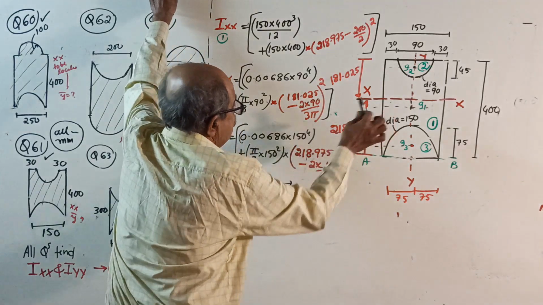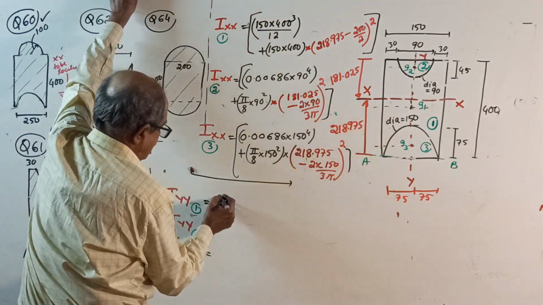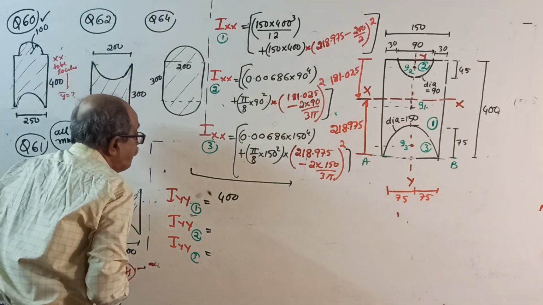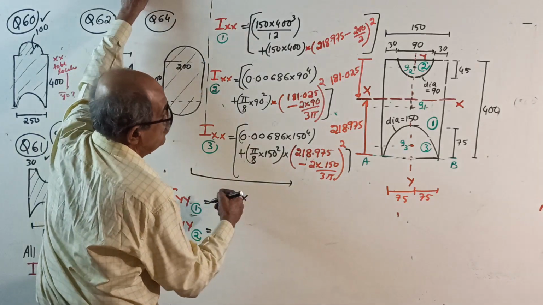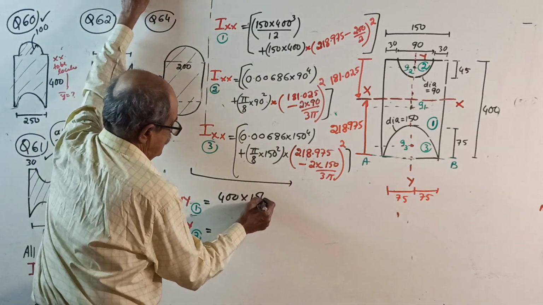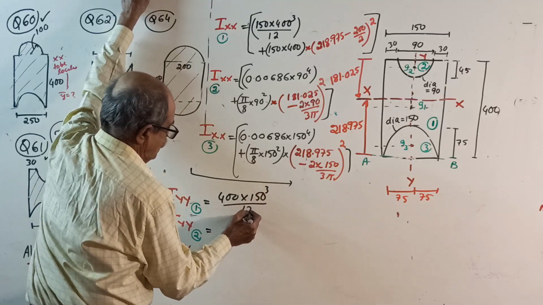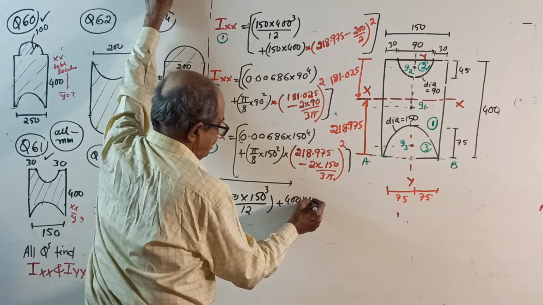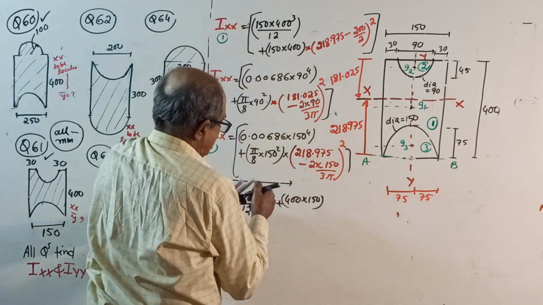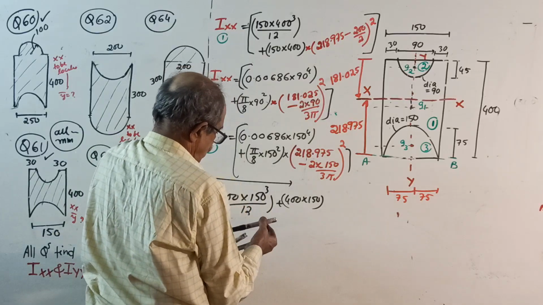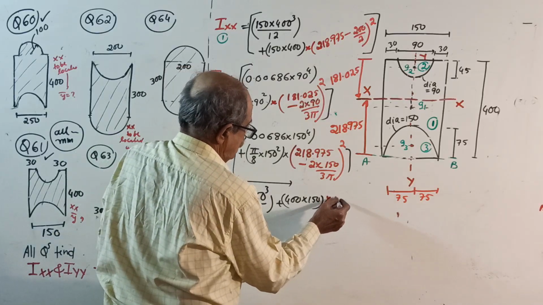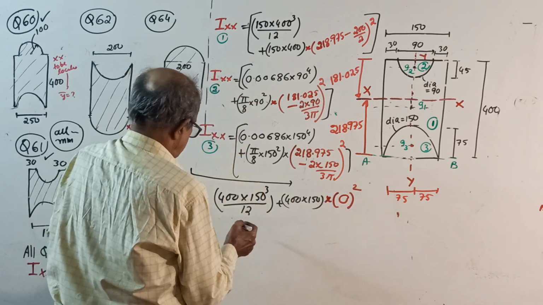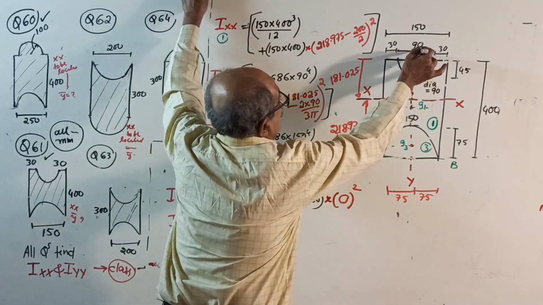Therefore, Ig for the first one is 400 into 150 cube divided by 12, plus area, 400 into 150, into 0 square. Calculate the answer. Next, for 2, I about its own axis.